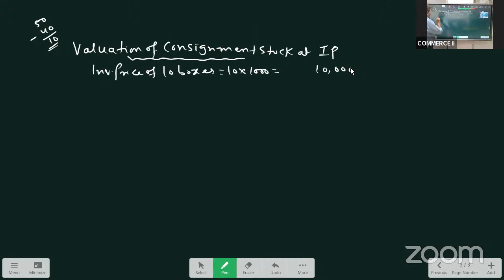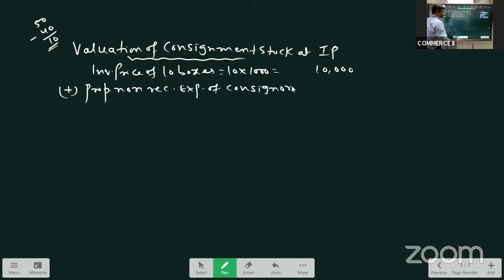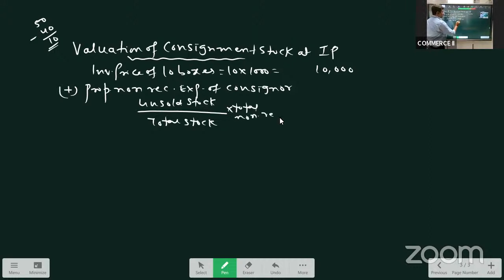Then to this, we add proportionate non-recurring expenses of consignor. What are the total expenses of consignor given? It is 2,500. How do we add? Yesterday I told you one formula, no? Unsold stock by total stock into total non-recurring expenses.